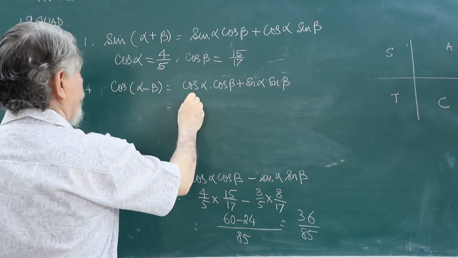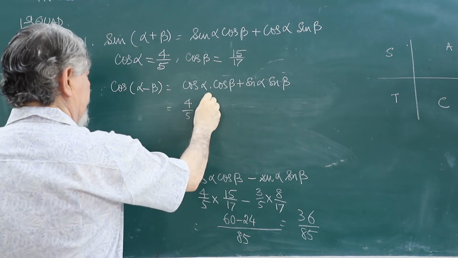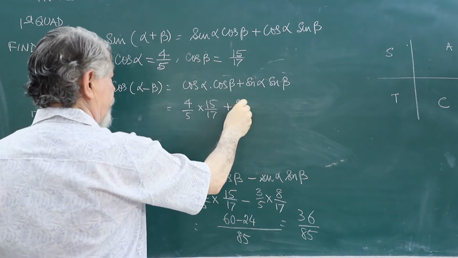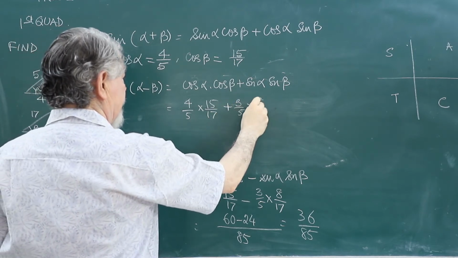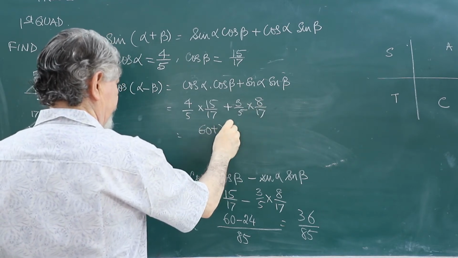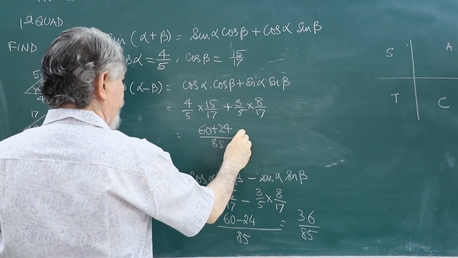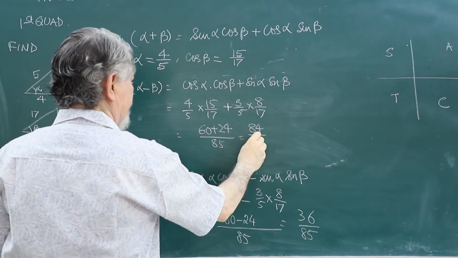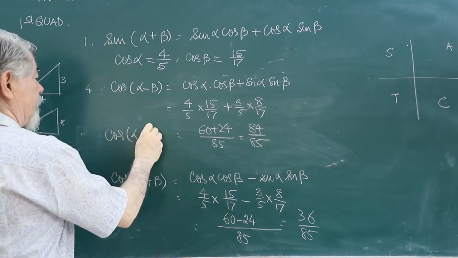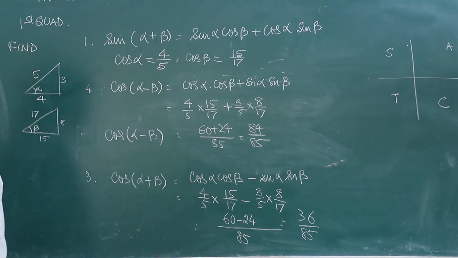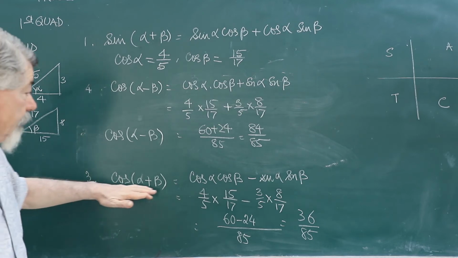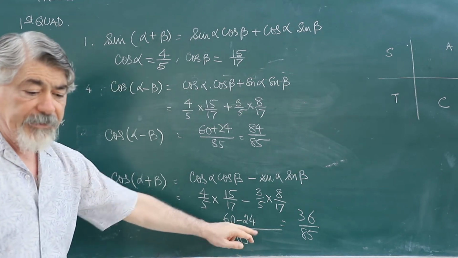Now cos alpha is 4 upon 5, cos beta 15 upon 17, and plus 3 upon 5 and 8 upon 17. So again it will become 60 plus 24 upon 85, which is 84 upon 85. So cos(alpha minus beta) becomes 84 upon 85, and cos(alpha plus beta) was 36 upon 85.